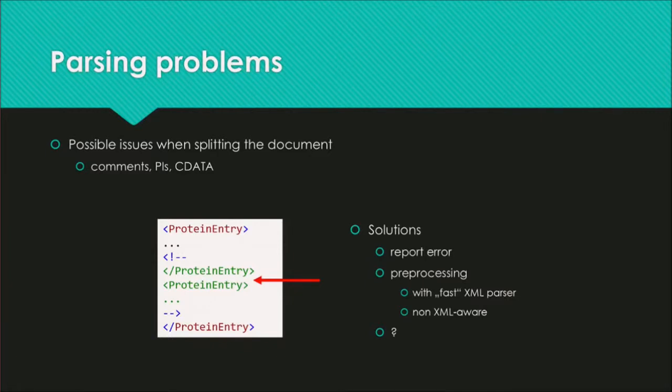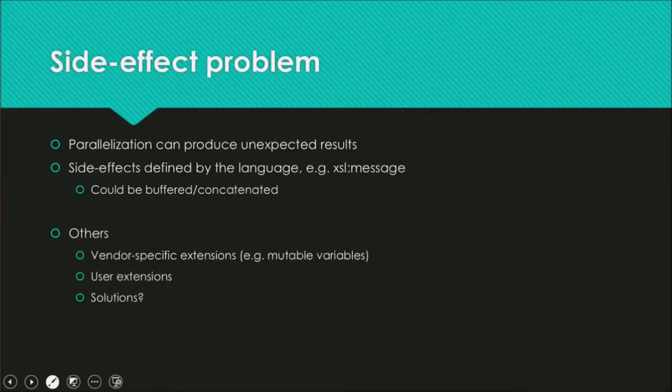So those are the problems with the parsing itself, and there are the side effects problems. Some of them were mentioned in the previous talk. Users sometimes write stylesheets that are not purely functional. They can use xsl:message, and if we run multiple threads and they all print xsl:message, it would interleave.